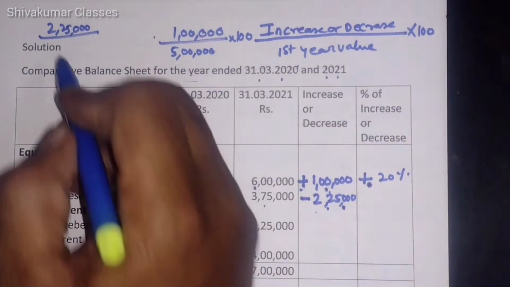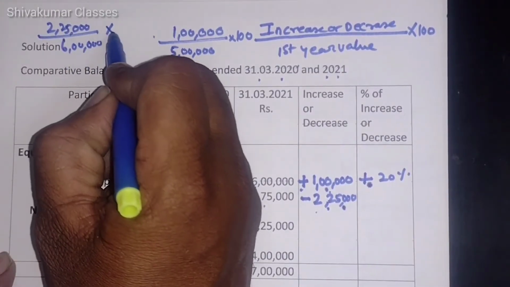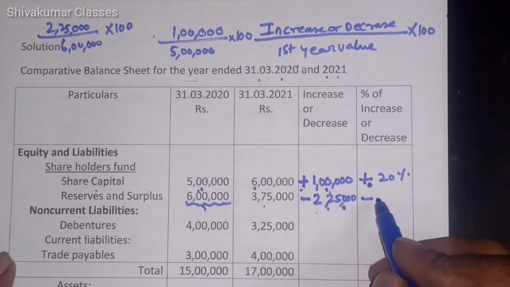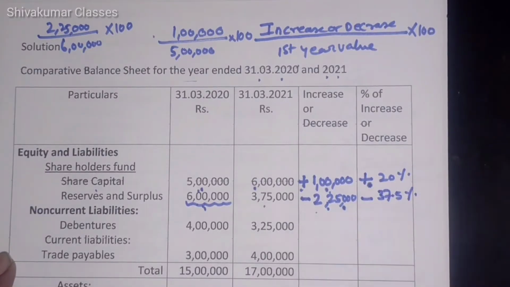What is the first year value? 6 lakhs, multiplied by 100. The percentage I get is minus, because decrease means minus, 37.5%. Yes, in the same manner we have to continue for the remaining things. That's it about the comparative balance sheet.